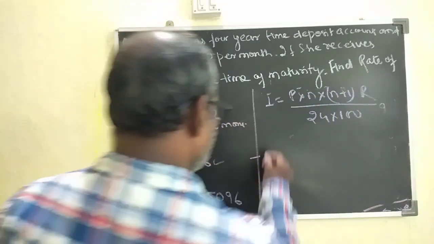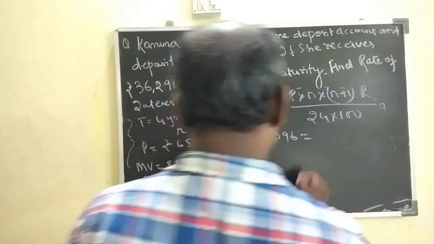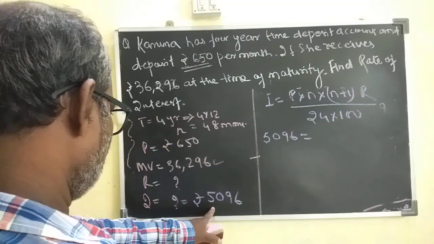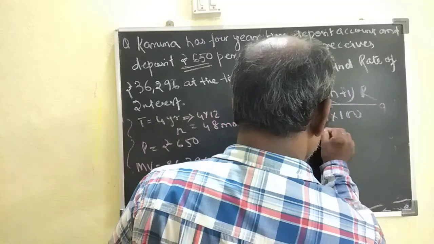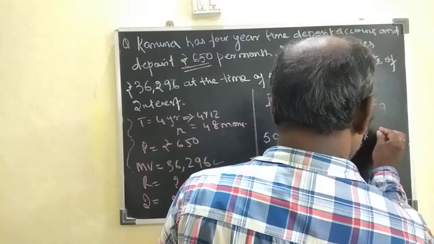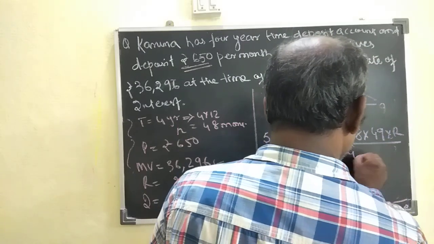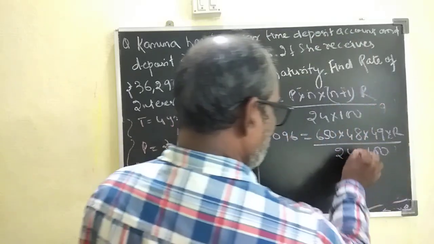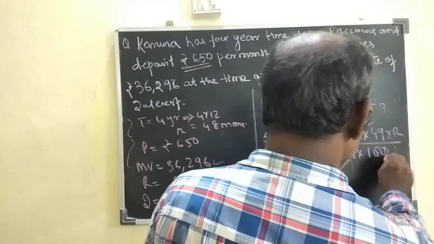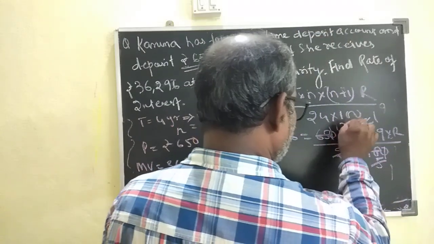I equals, we know that 5096, P we know that 650 into N, N is 48 into 49 into R by 24 into 100. 24 ones are 24, 24 twos are 48, 0 gets cancelled, 2 ones are 2, 2 fives are 10, 5 ones are 5, 5 13s are 65.